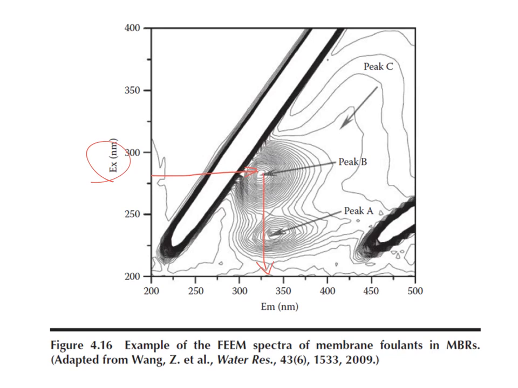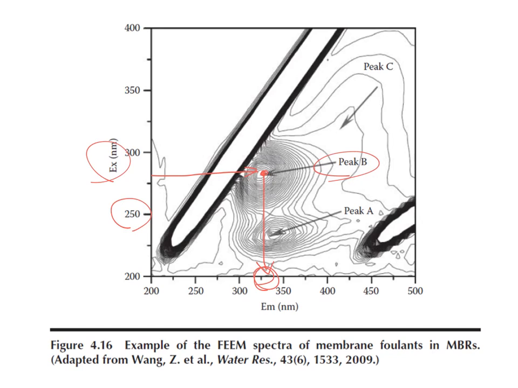So if you have this 260 nanometer light, and you get emission at 325, we'll see this kind of peak in this spectroscopy.